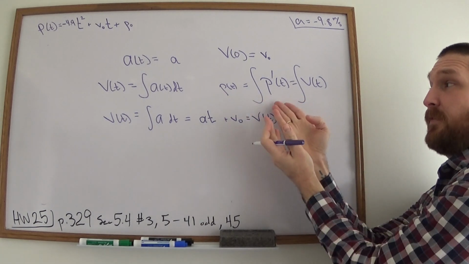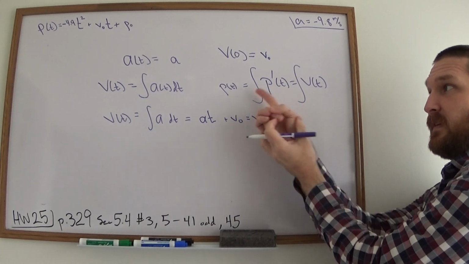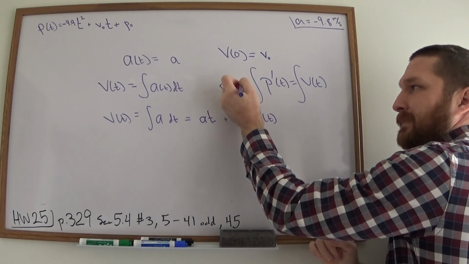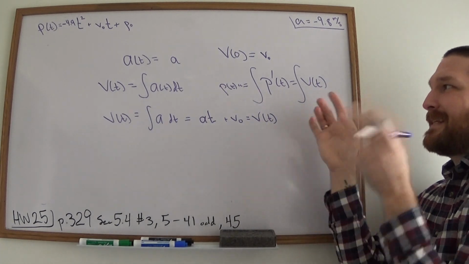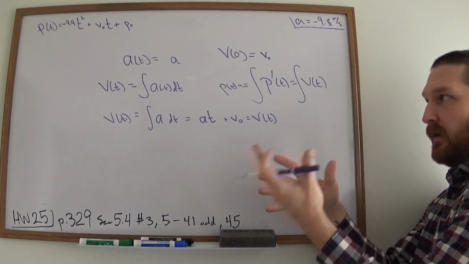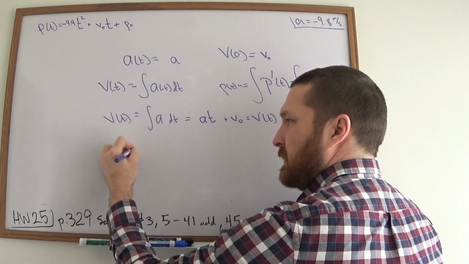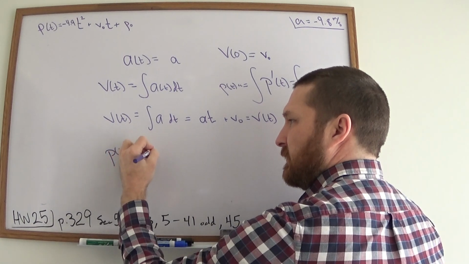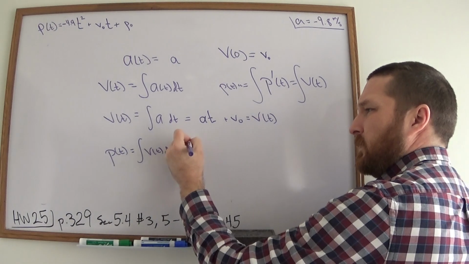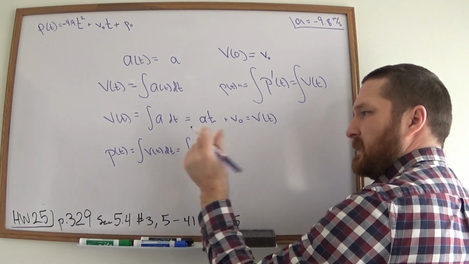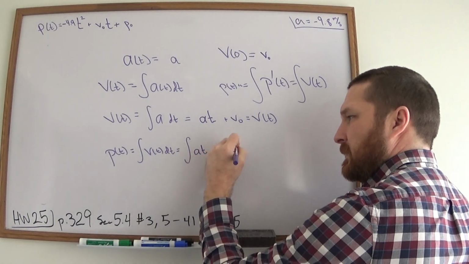And this is the fundamental theorem of calculus, right? The antiderivative of a derivative is the original thing plus a constant. And we just said that velocity is the derivative of position. So position, s of t, is equal to the antiderivative of the velocity. So the velocity is this, at plus some constant v0, dt.